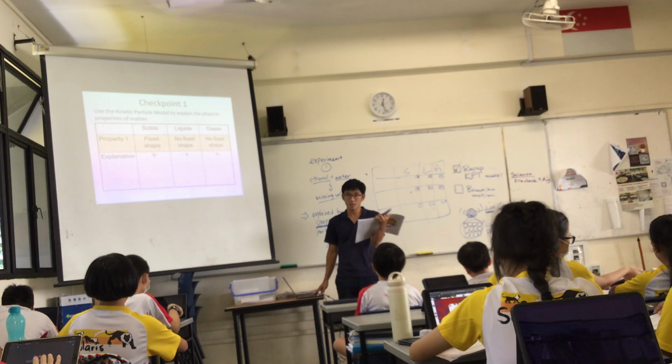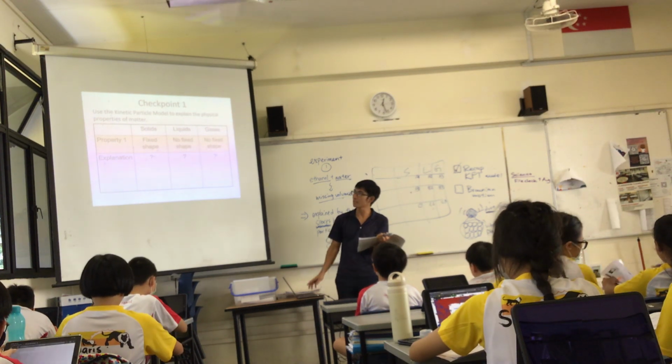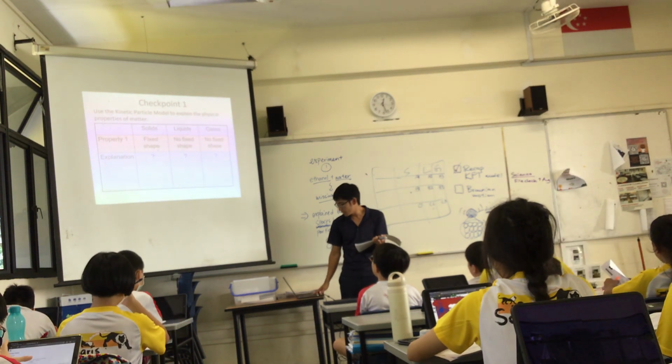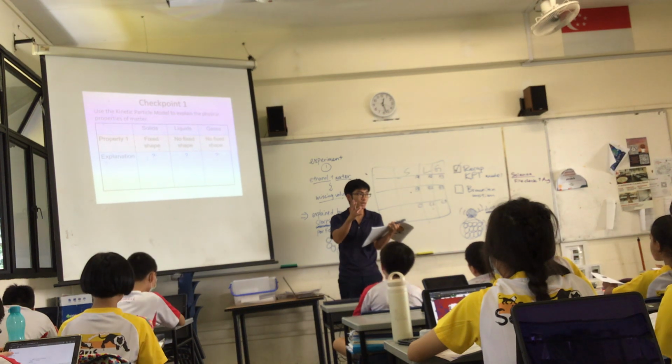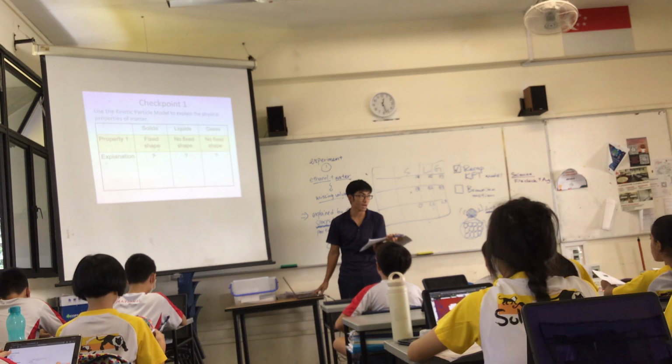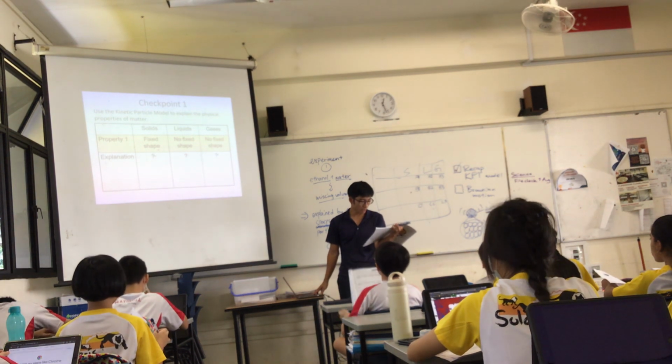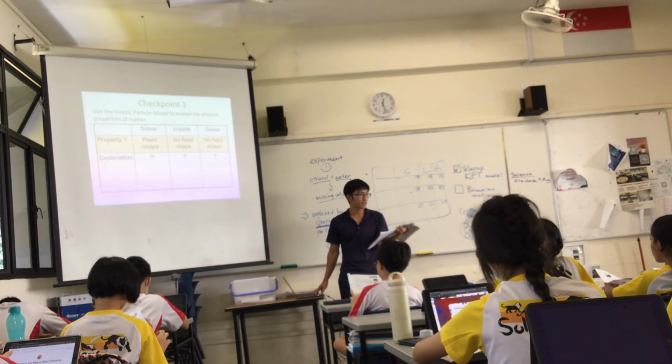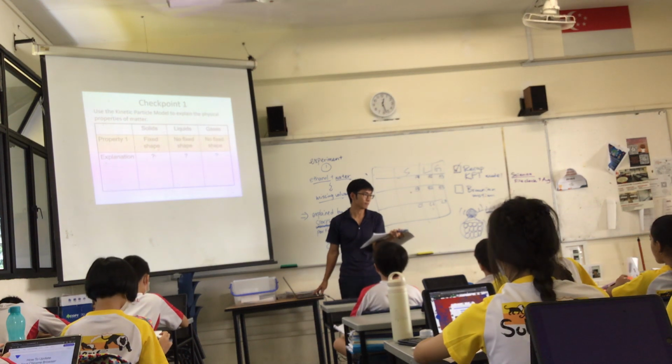Okay? So I show you a sample of the answer. So solids, they are solid and they have a fixed shape, meaning they don't change shape. Because number one, the force of attraction needs to be very high. Number two, they are very closely packed to each other.